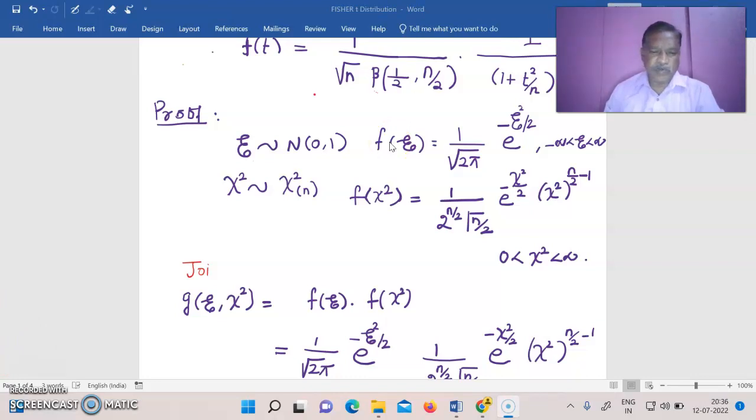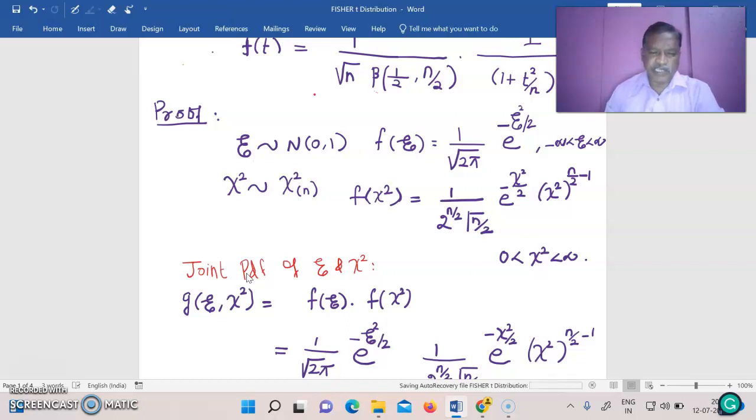Now the joint probability density function of psi and chi-square is nothing but g of psi comma chi-square. Here psi and chi-square are independent.